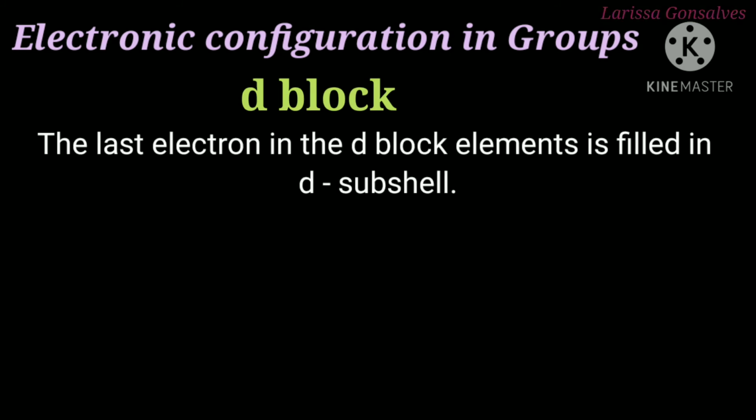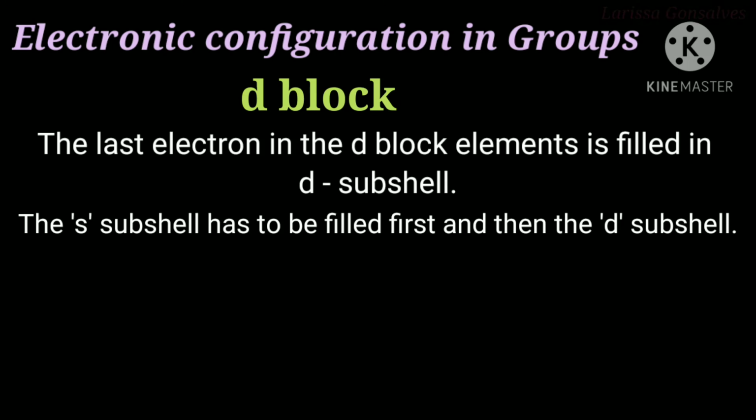So the D block in the modern periodic table is formed because the last electron enters the D shell. Hence, the last electron enters the n-1 D subshell only after the ns subshell is completely filled. That means the S subshell has to be filled first and only then the D subshell is going to fill.